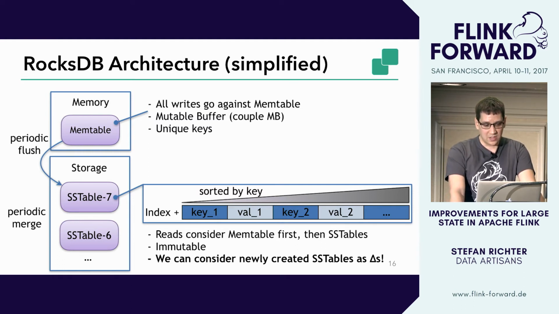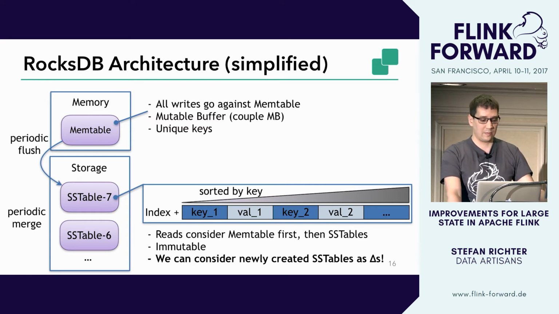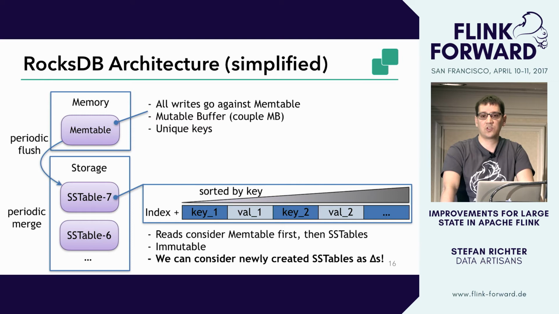What's also very interesting is that those periodically flushed mem tables appear over time, so we can consider all SS tables that appear between two checkpoints as the delta between two checkpoints, and can use that for our incremental checkpointing mechanism.